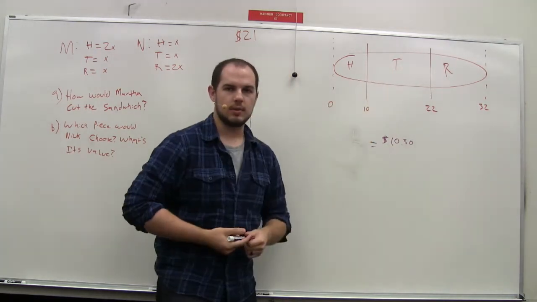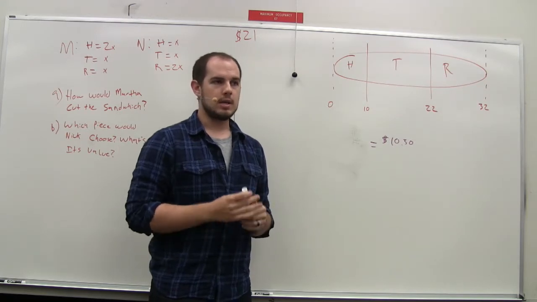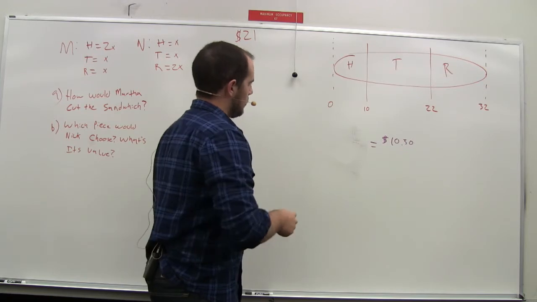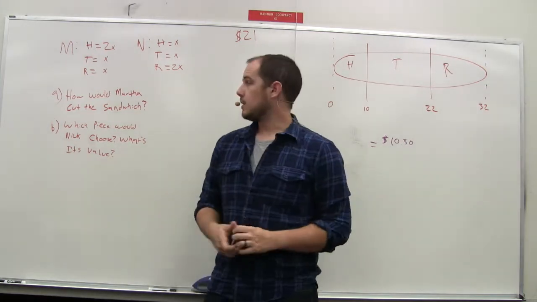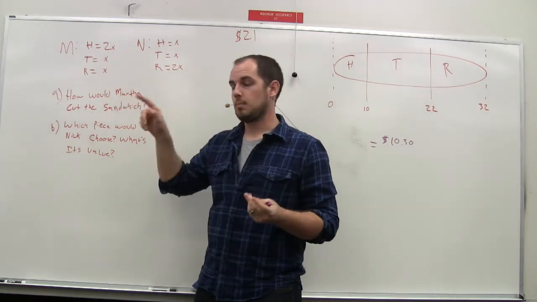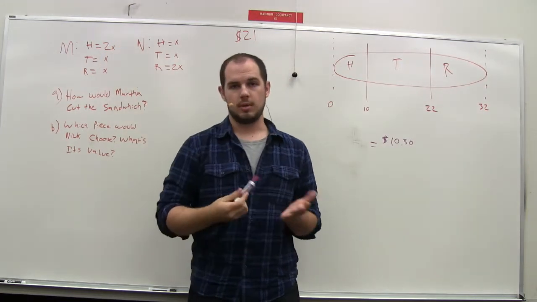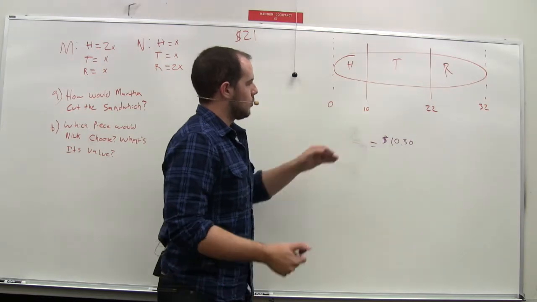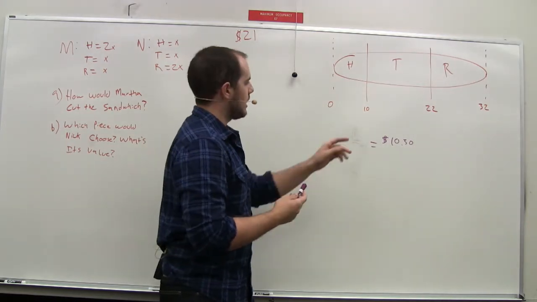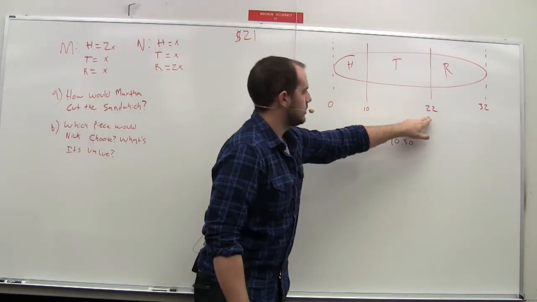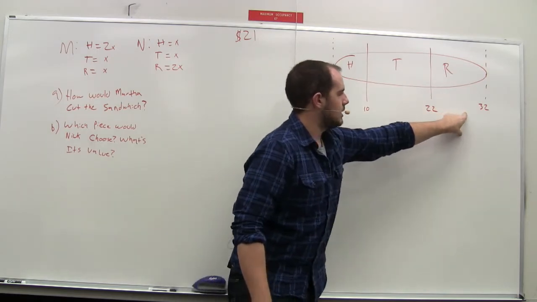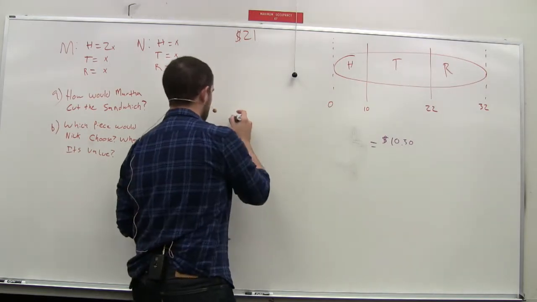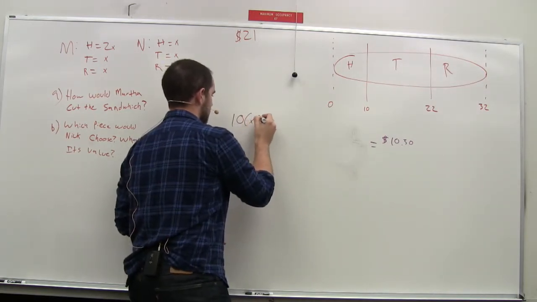So what we need to do is figure out how much each inch is worth, basically. To do that, we're going to remember that our roast beef and turkey are worth the same, and our ham is actually worth a little bit more. Since the turkey and roast beef are worth the same, we're just going to call that x. And so we have 10 to 22, that's 12 inches, plus another 10 inches that are worth whatever x is worth. So we're just going to call that 10 times x.